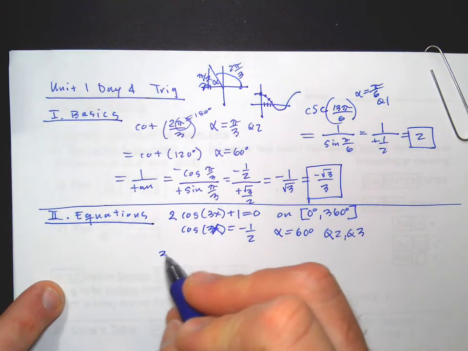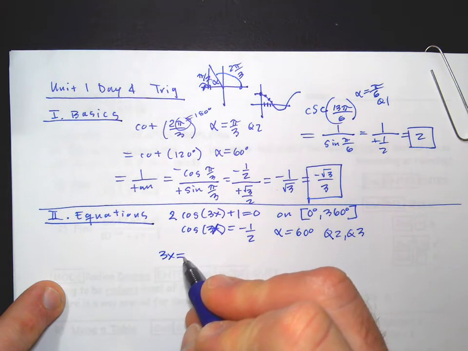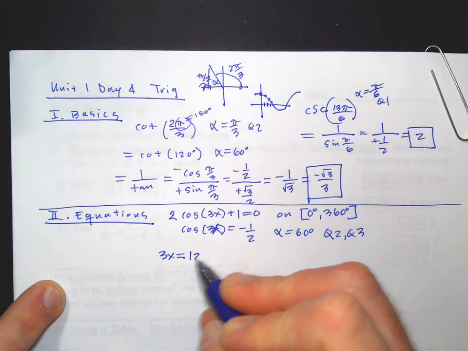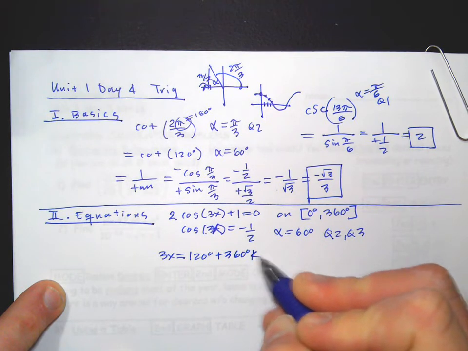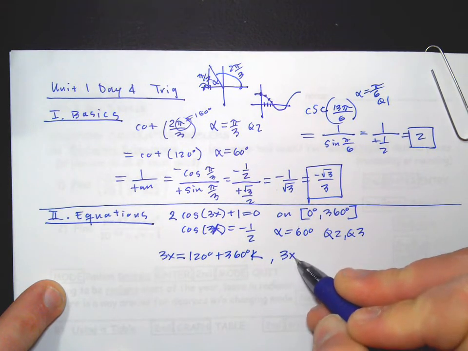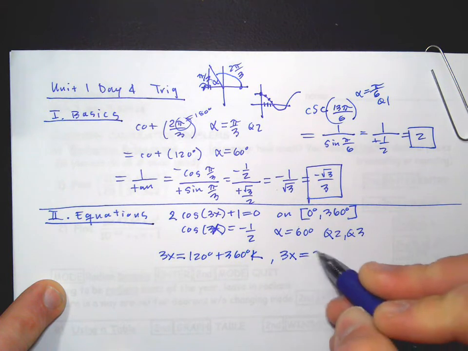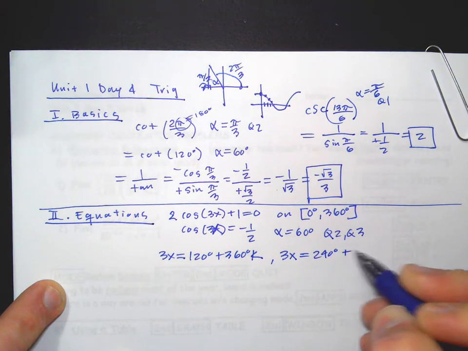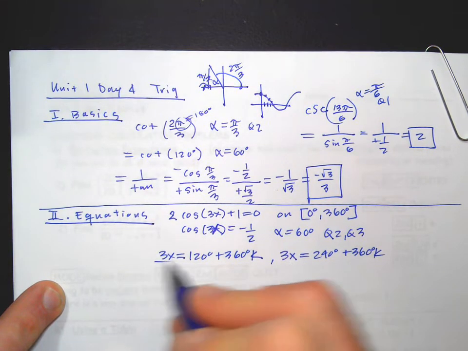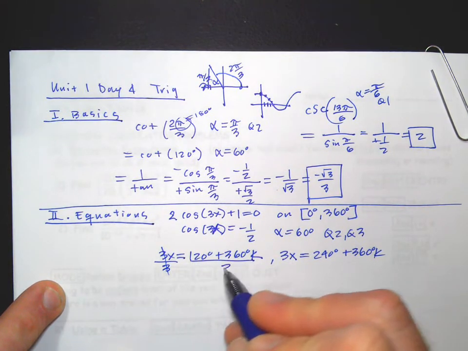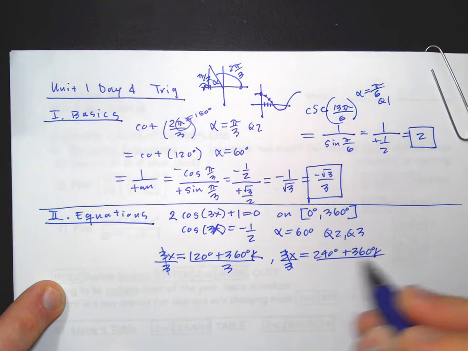So we're going to write 3x equals, quadrant 2 would be 180 minus alpha, 120, plus 360k. And quadrant 3 would be 180 plus alpha, 240 plus 360k. And you just kind of ignore that 3x right now. You just put 3x whatever's inside, and then divide everything by 3, including the 360k's.